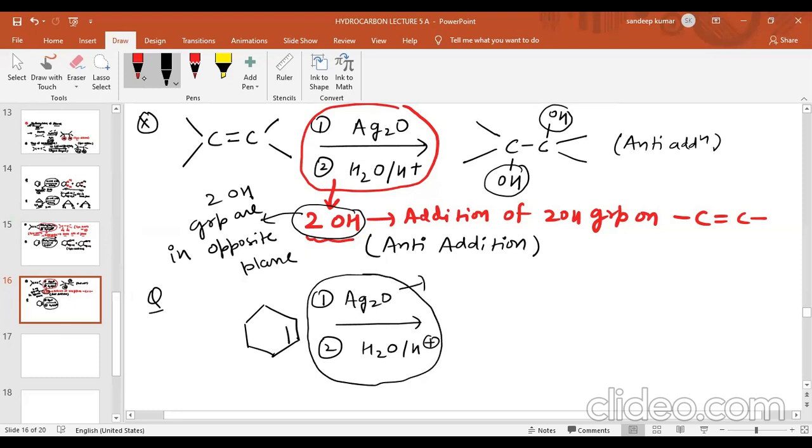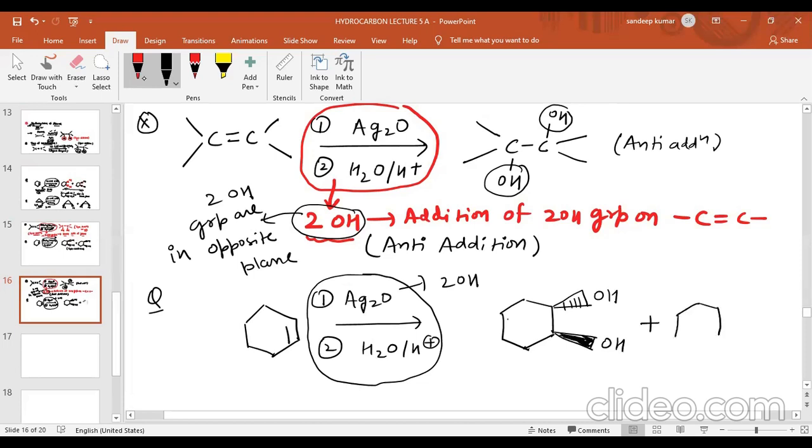So the two OH groups will come from opposite side of plane. If one OH is on dash position, then another OH will be on wedge position.